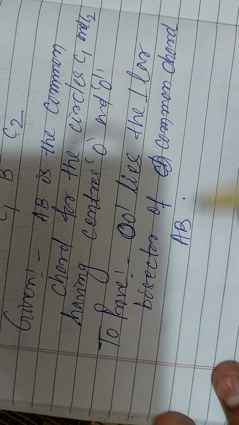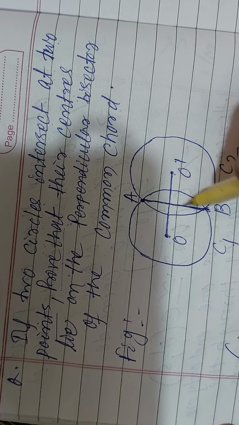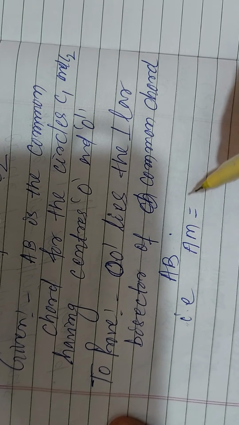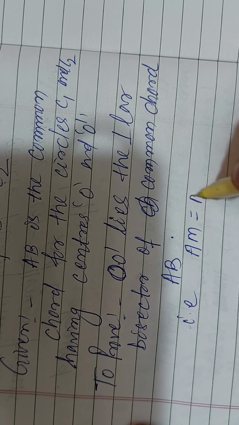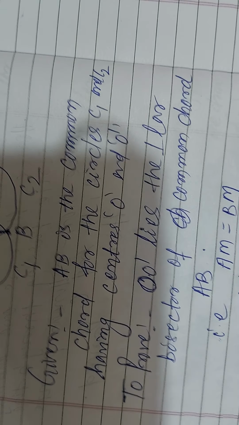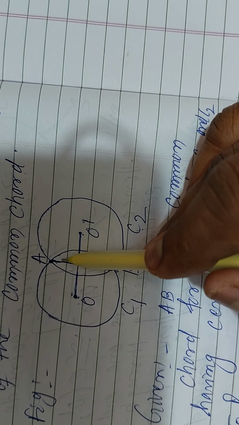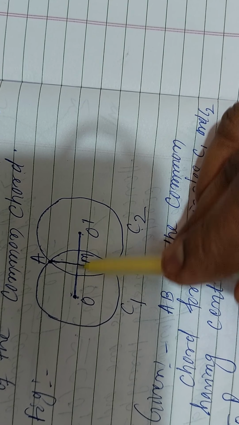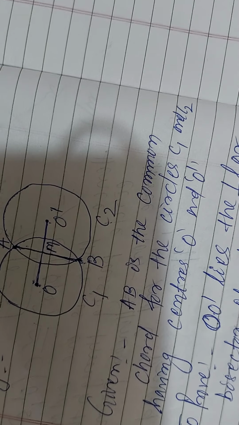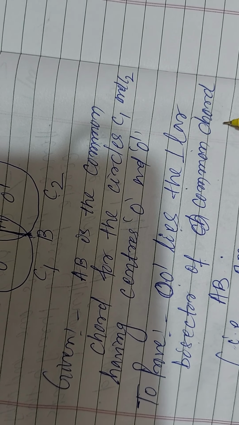We just need to prove AM equal to BM and angle OMA equal to angle OMB. These two imply O dash lies on the perpendicular bisector of the common chord.